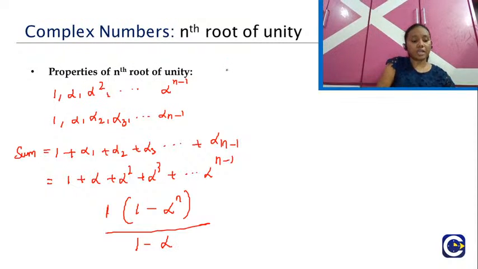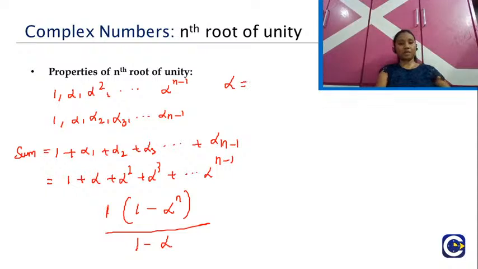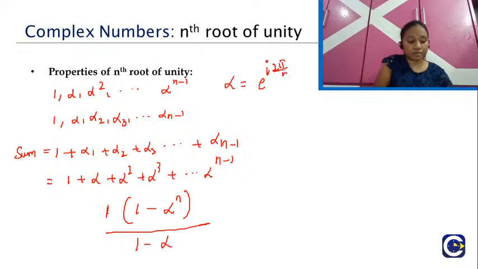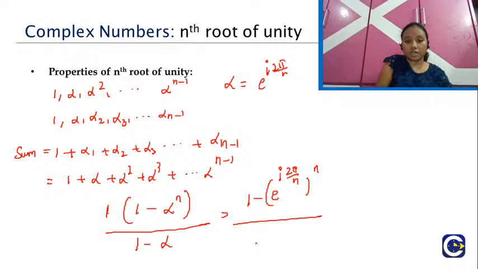According to my nth root of unity, what is my alpha equal to? My alpha here will be equal to e power i 2 pi by n. Let's substitute our alpha value here. This will become 1 minus e power i 2 pi by n whole power n, divided by 1 minus e power i 2 pi by n here.